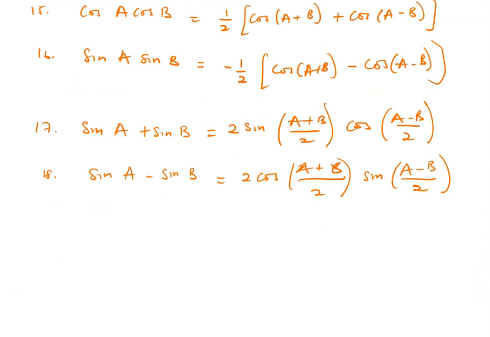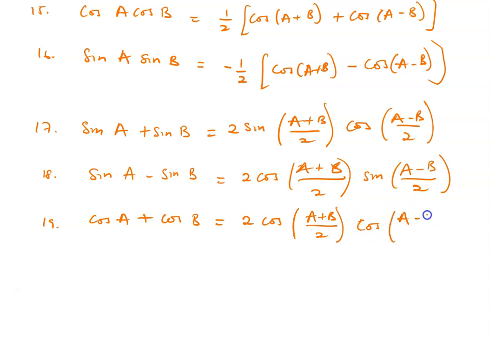Then the 19th is for cos. So cos a plus cos b is equal to 2 cos into brackets a plus b, all divided by 2, cos a minus b, all divided by 2.